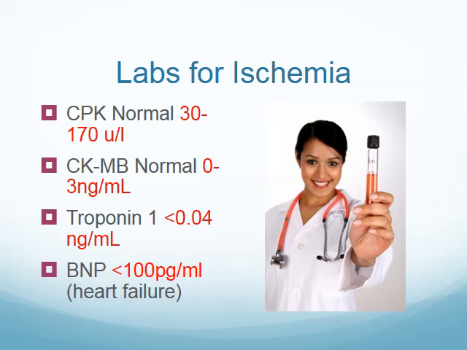The BNP stands for B-type natriuretic peptide. It's a very useful lab value in dealing with heart failure, acute heart failure. What it doesn't do is determine the cause of the heart failure. It just is able to tell you that there is some type of mechanism causing decreased cardiac output for whatever reason.